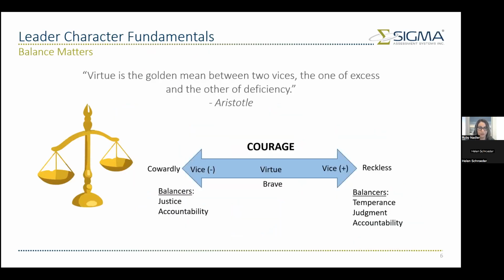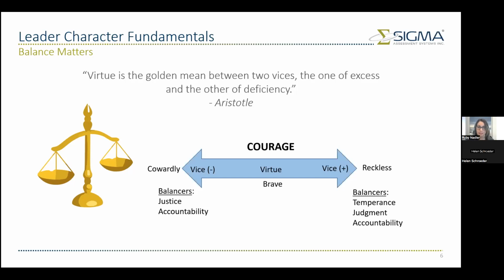Another thing to know about the framework is that the framework just shows the descriptive words for the dimensions and the elements, but each dimension and each element actually exists on a spectrum from overuse to underuse. And so what we're looking to do when we draw upon leader character is to identify that optimal balance, that optimal usage of each of the dimensions and elements.